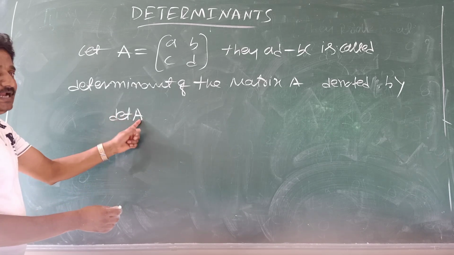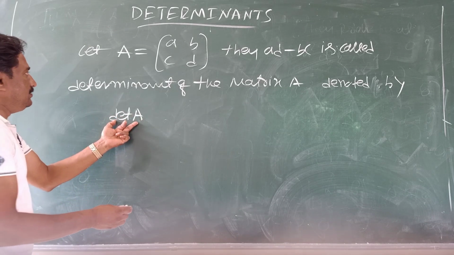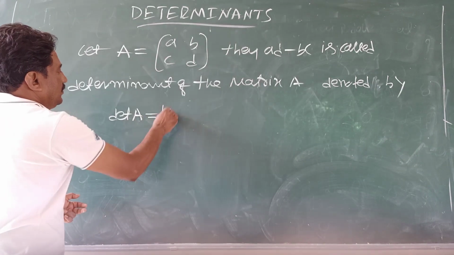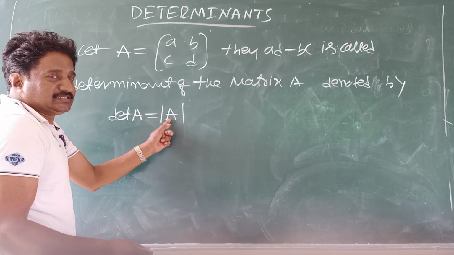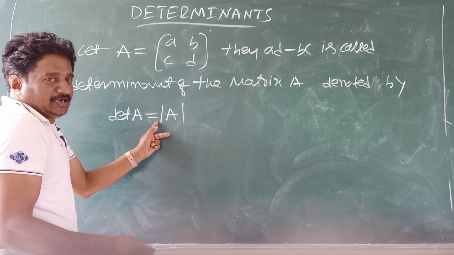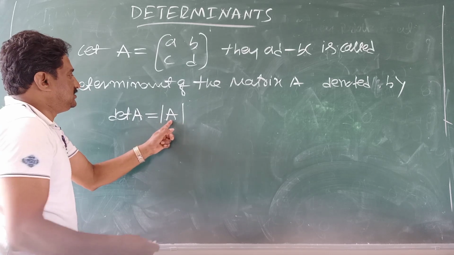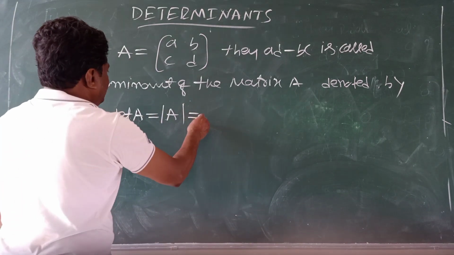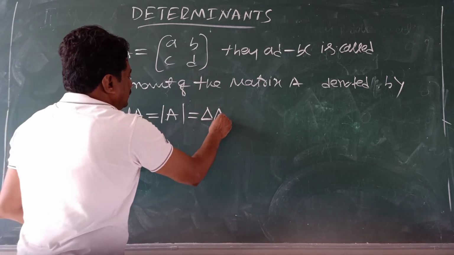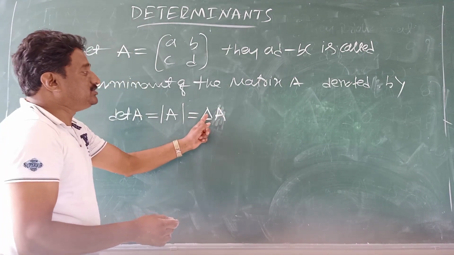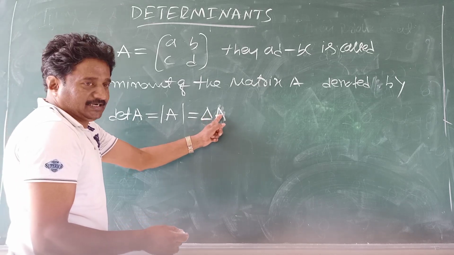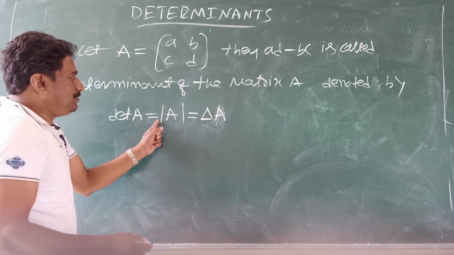Det A means determinant A, or mod A. If I write mod for the matrix A, it takes the meaning of determinant of the matrix A. Or you write delta A. Delta means determinant of the matrix A. Mod A means determinant of A.